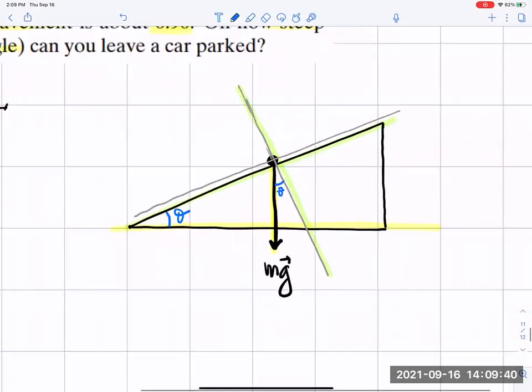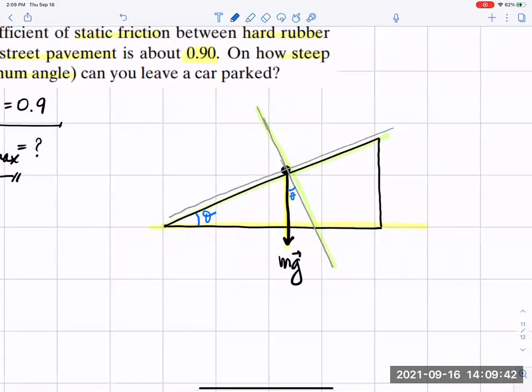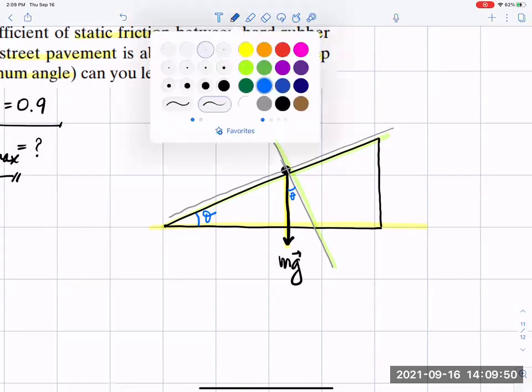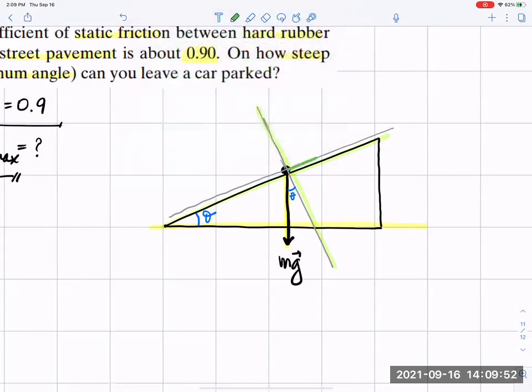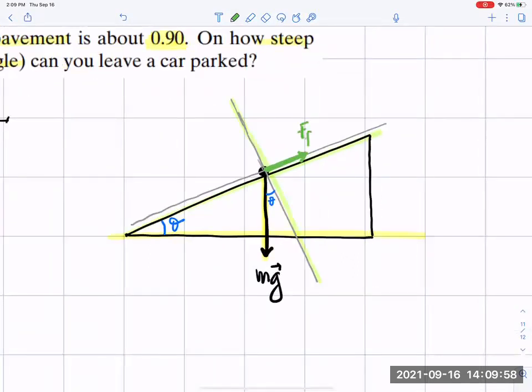So now if your car is parked, obviously it's on a hill. Normally, if the car will not stay, it will go downhill. So the friction force is opposite to the motion, so it will be going uphill this way. So let's call this our force of friction.